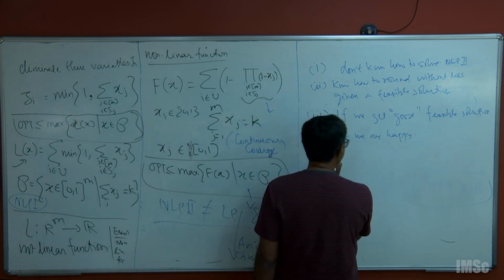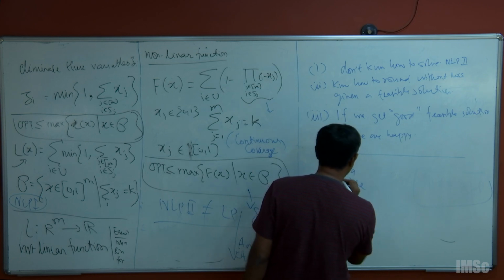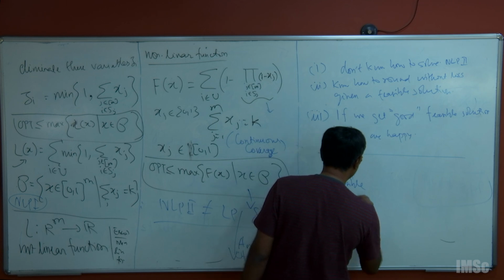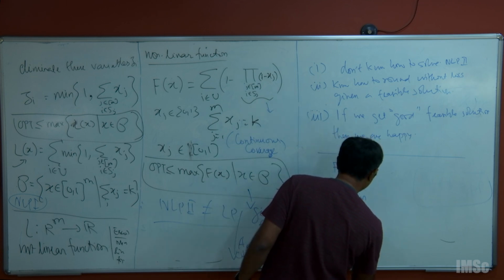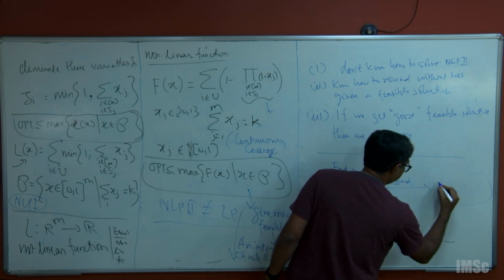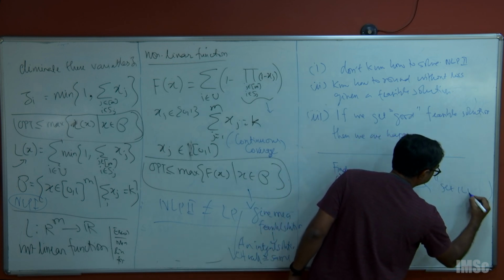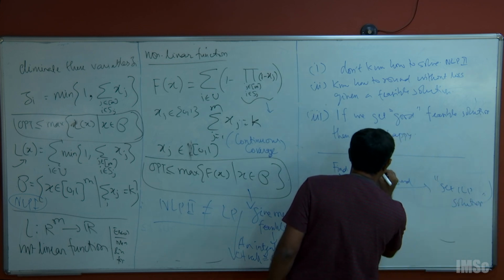So the algorithm has the following steps. Find a feasible solution, a good feasible solution to non-linear programming 2, and round and get an ILP solution. And this rounding is called Pipage rounding.